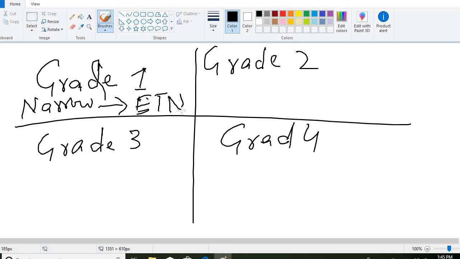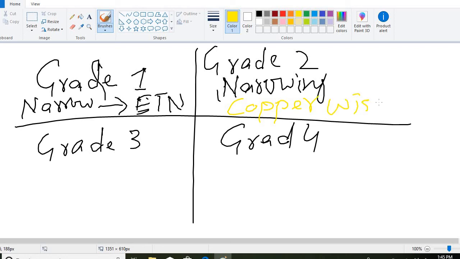In grade 2, further progression leads to narrowing of vessels, stiffening, and copper wire reflex. With grade 2 there is copper wire reflex and Marcus Gunn sign, in which narrowing of vessels occurs. Marcus Gunn sign in grade 2.